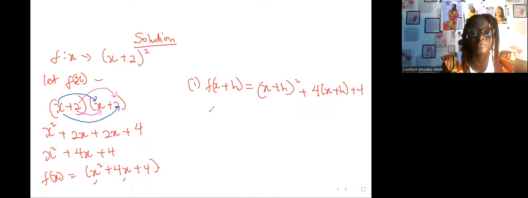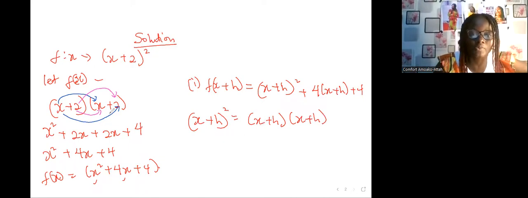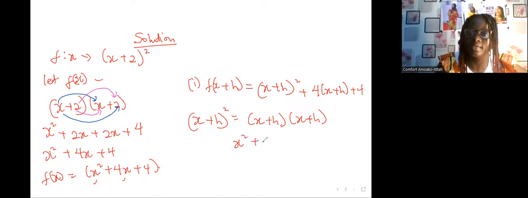So picking the first bracket, we are going to have (x plus h) all squared as (x plus h)(x plus h), twice of the x plus h. And so expanding this, as we did for the first one, we are going to have x squared plus xh plus another xh plus h squared.